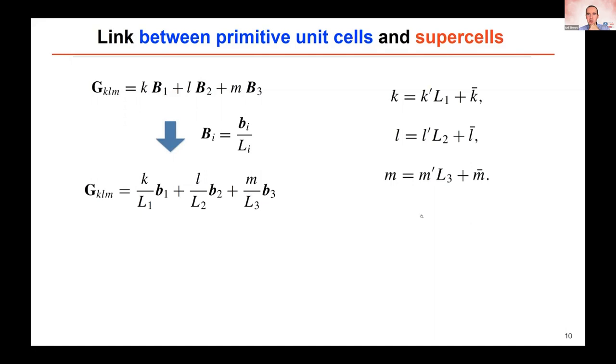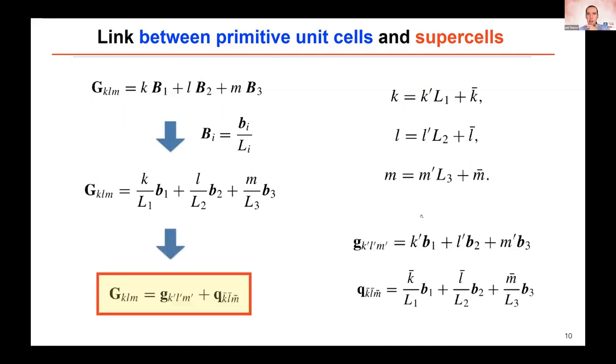And by using this definition, it can be shown that the reciprocal lattice vector capital G can be written as a sum of the reciprocal lattice vector corresponding to the Brillouin zone of the primitive cell plus some Q vector. And these objects, small g and small q, are defined on the right using the definitions above.